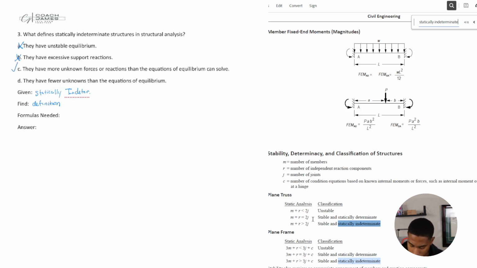And what about D? They have fewer unknowns. What this really means is that it has more unknown forces or reactions, so reactions plus members are greater than the number of joints.